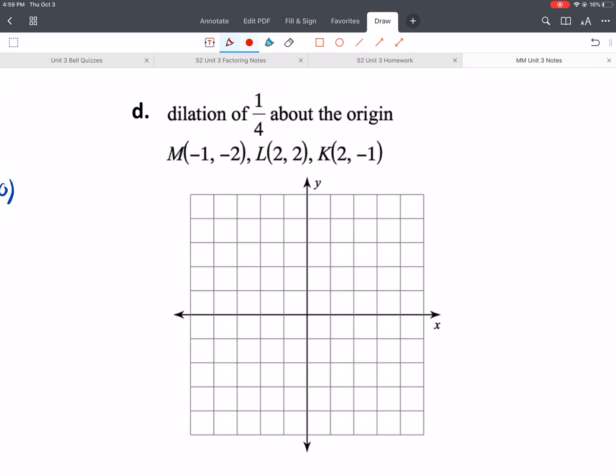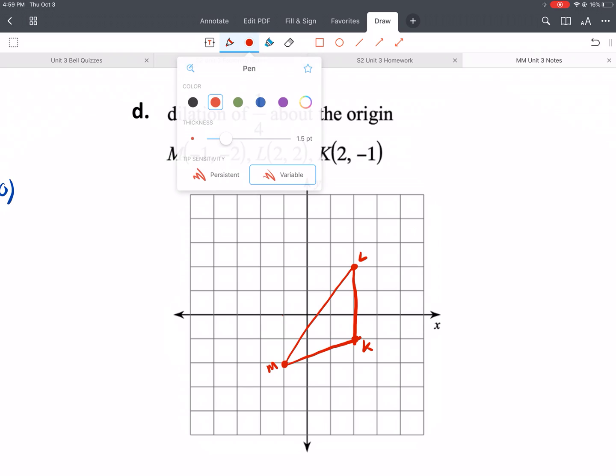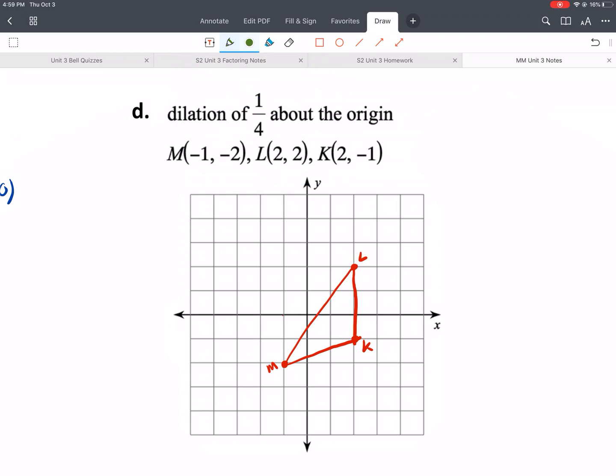Okay, we do -1, -2, that would be our M. 2, 2, which is right here, would be our L, and then 2, -1 would be K. So we have this sort of shape. And we want to multiply everything by 1/4.